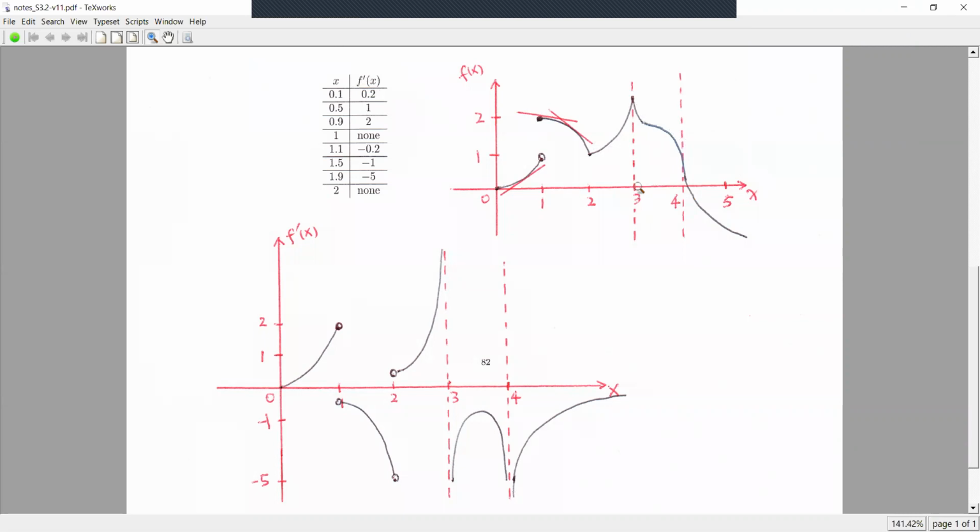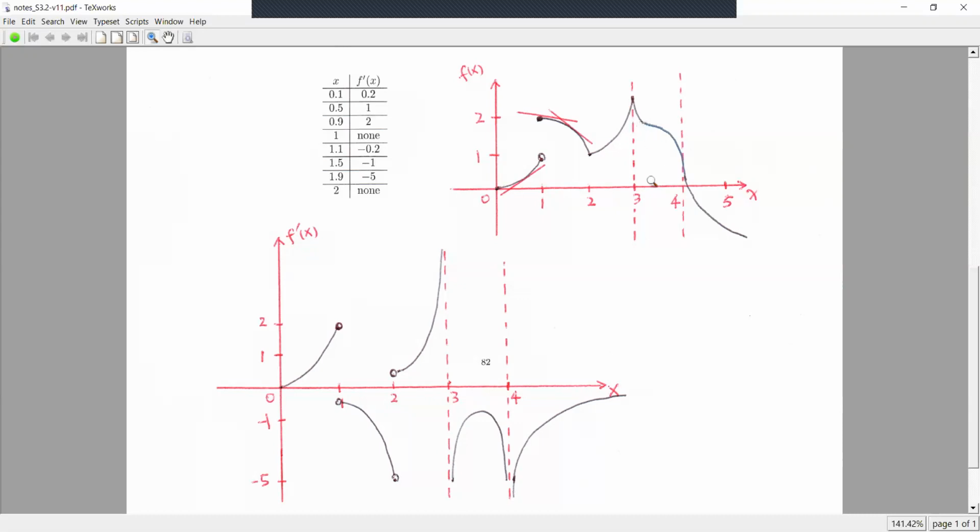When x is close to the point 3, the tangent line is very, very steep. So when x is close to the point 3, the derivative is very large, but negative. When x is moved away from the point 3, the tangent line becomes more and more flat.